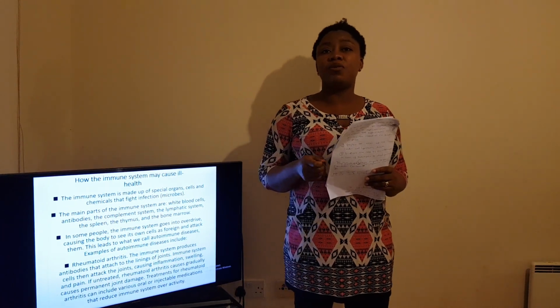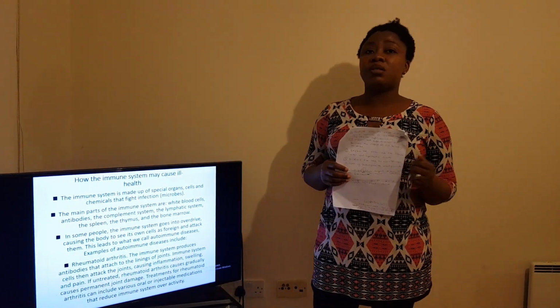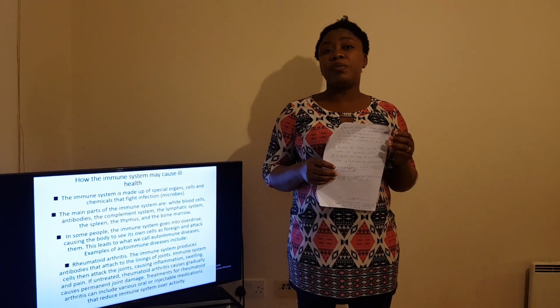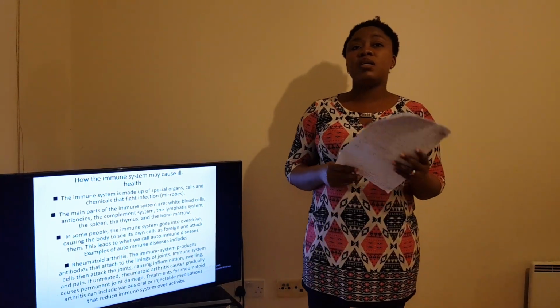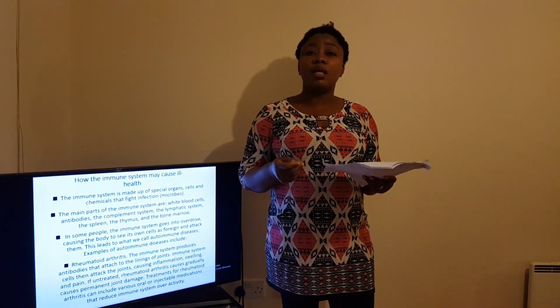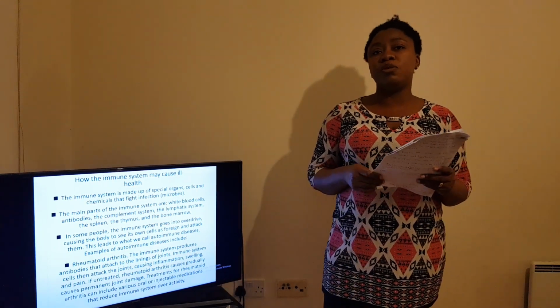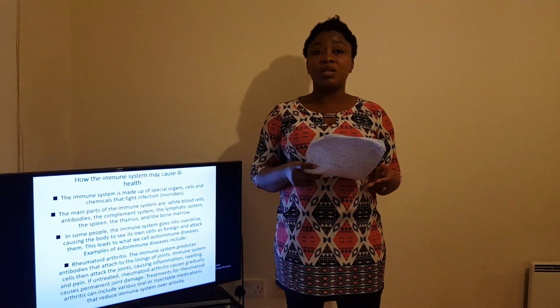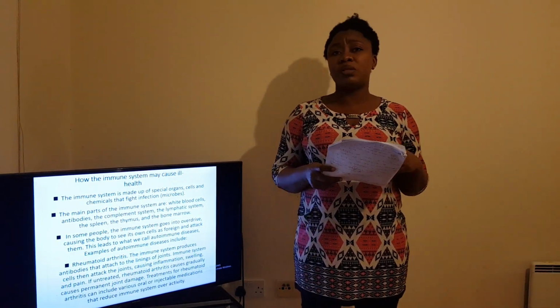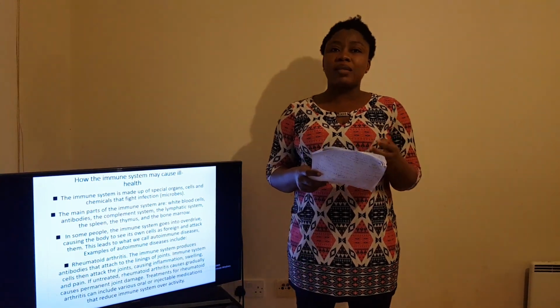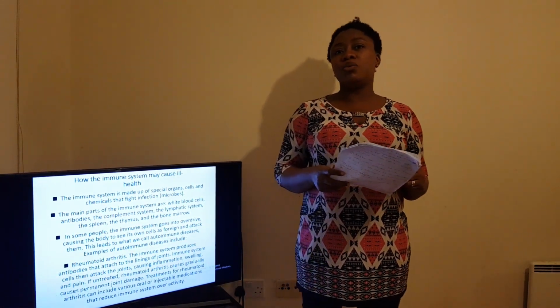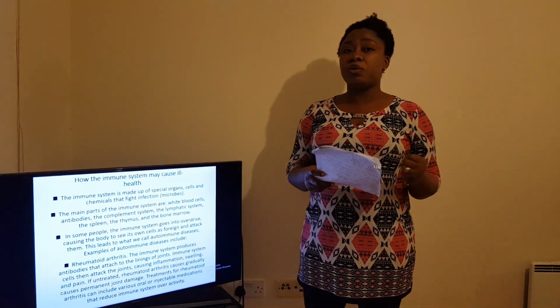The main parts of the immune system are the white blood cells, the antibodies, the complement system, the lymphatic system, the spleen, the thymus, and the bone marrow. In some people, the immune system goes into overdrive, causing the body to see its own cells as foreign and attack them. This leads to what is called autoimmune disease.